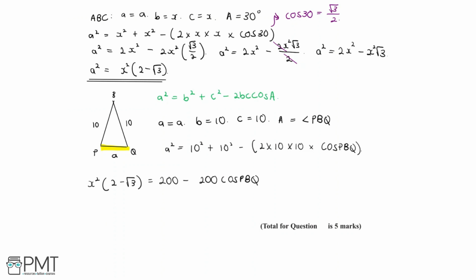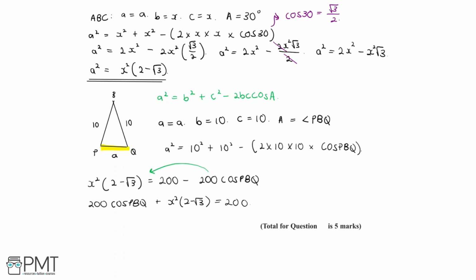We want to make cos PBQ the subject of this expression, so what we can do is move minus 200 cos PBQ to the other side. And then we're left with 200 cos PBQ plus x squared (2 minus root 3) equals 200.